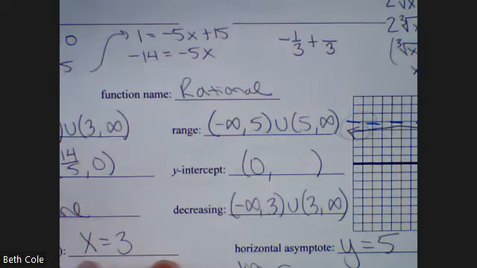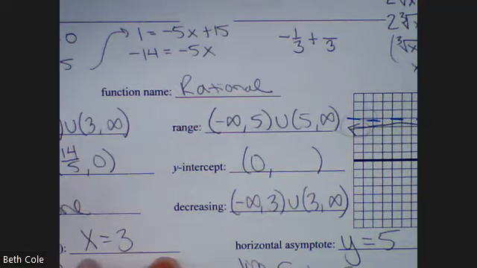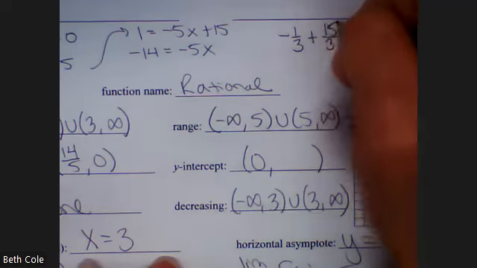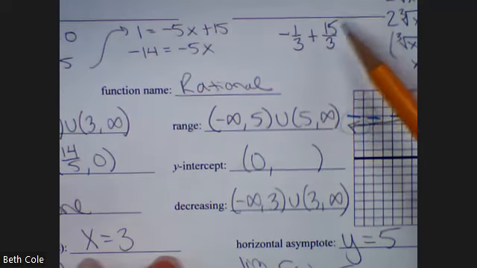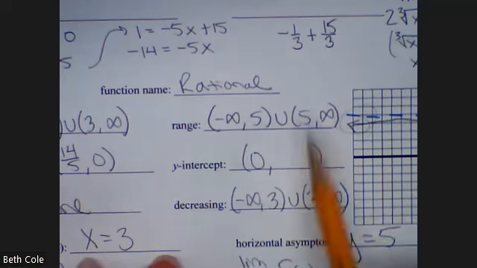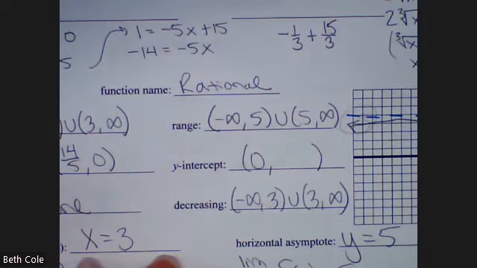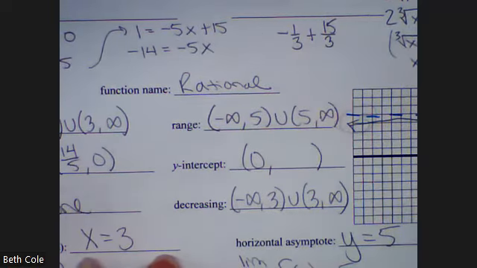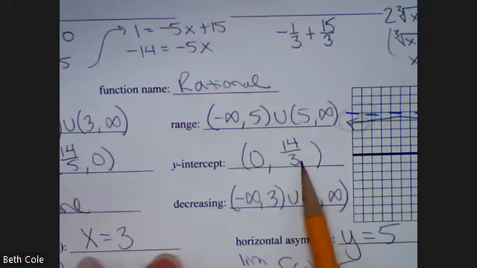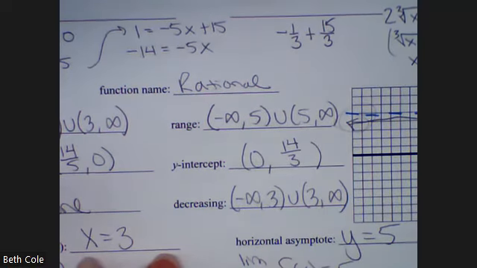How many thirds is a whole 5? I heard it over here. Say that louder. 15. Or you could think of it this way. 15 divided by 3 is 5. So it's negative 1/3 plus 5. Just wrote it as 15 thirds. Anyway, that would be 14 thirds. Negative 1 plus 15 would give you 14. 14 thirds.